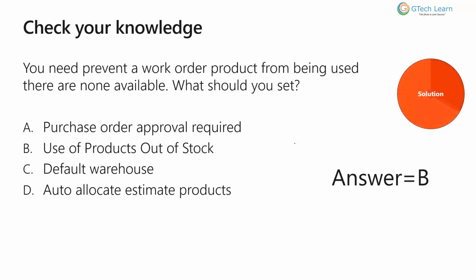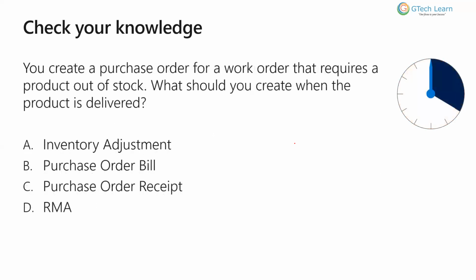Okay, so the correct answer for that question is going to be, we can set up the use of product out of stock. The next question we are having in line is, you create a purchase order from a work order that requires a product out of stock. What should you create when the product is delivered?